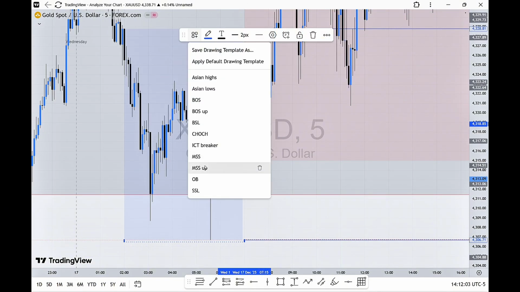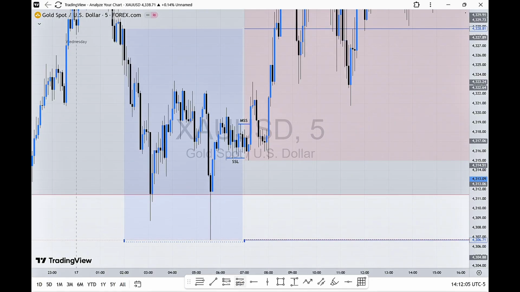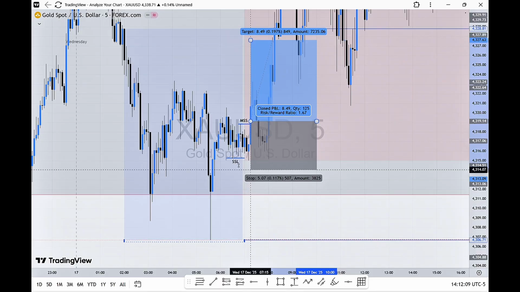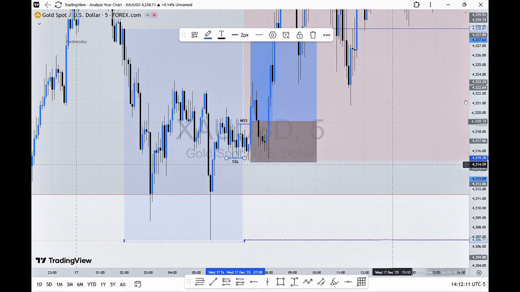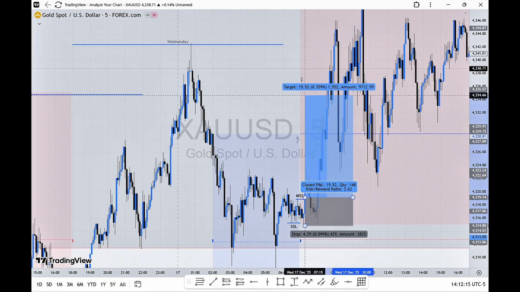That was a very clean market structure shift somewhere there, and I entered for my trades immediately after the market structure shift. My stops were below these lows, and I was targeting a risk to reward ratio of 1 to 4, right?